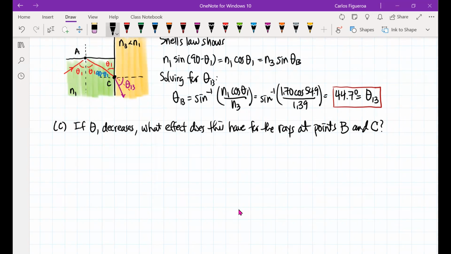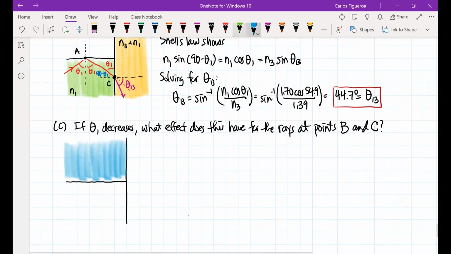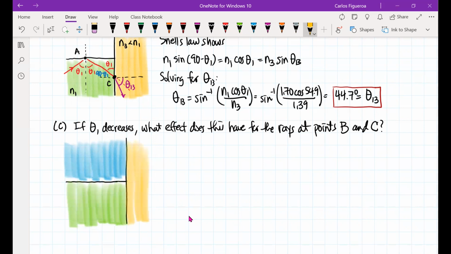So let's draw it out. I'm going to have to draw this out again. If I look at my mediums, it's looking like this. I have this, and then I have my third medium right in here. Clearly this is N1, this is N2, and this guy is N3 over here.